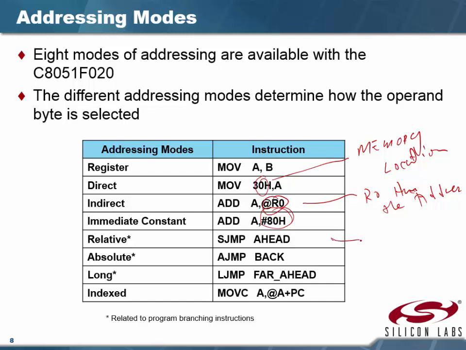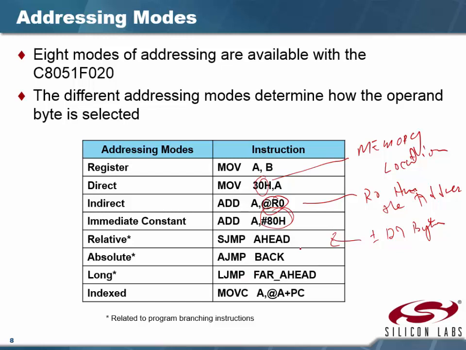Relative means that we're going to simply jump ahead or behind, plus or minus, I'm going to say plus or minus 127 bytes. That's usually used in a short jump, or if we're going to do a relative jump. This is used for jump commands. These 3 are all used for jump commands.